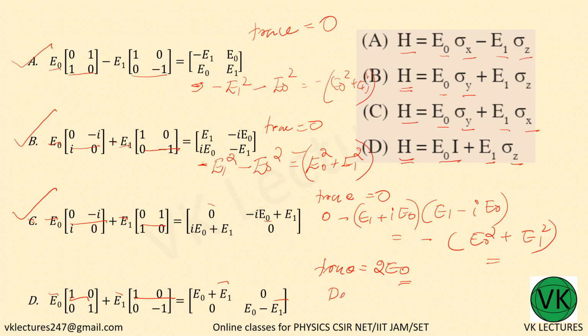And what about the determinant? The determinant will be E naught plus E1 into E naught minus E1, so E naught squared minus E1 squared. So this is not true. So option D is the correct option, which does not correspond to the given matrix. All others give you the same eigenvalues.